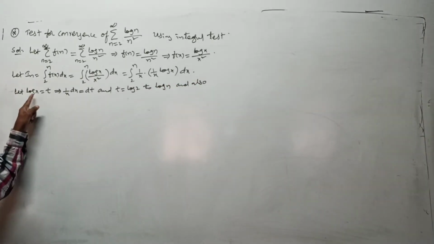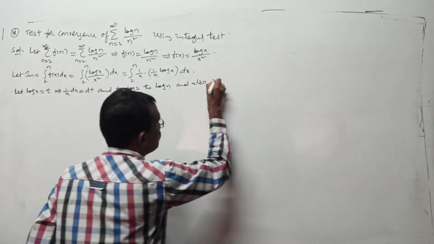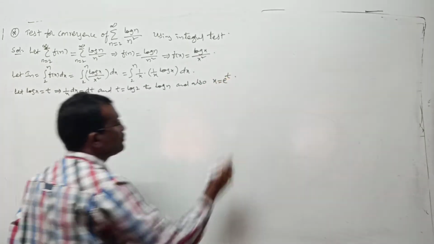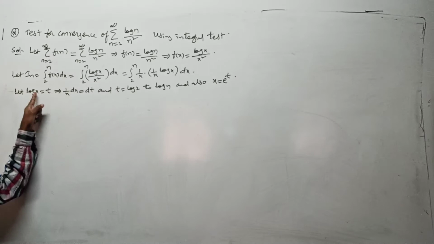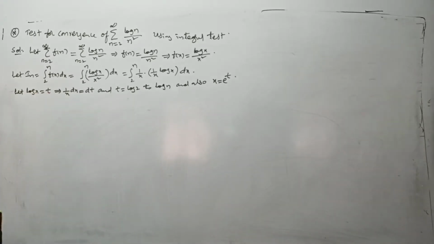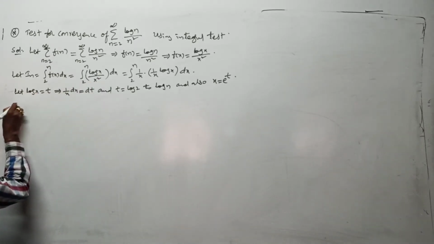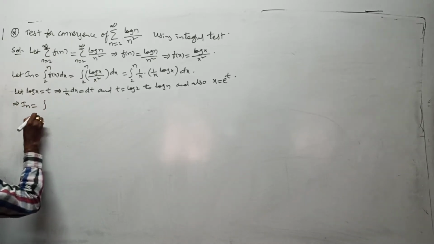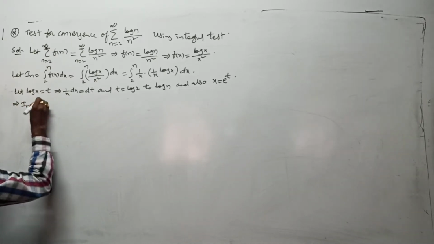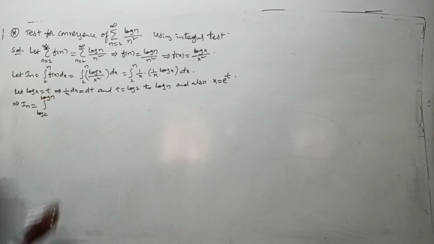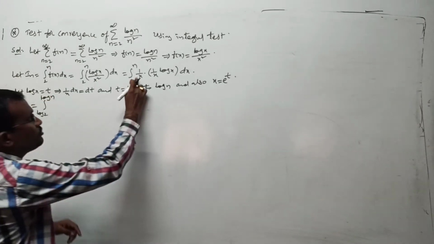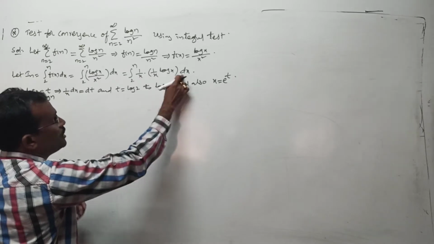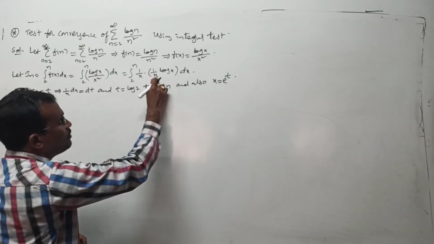If log x equal to t, then x should be what? e power t or not? If log x base e is t, then x is e power t, right? Use all these things in the above relation. Then I_n is equal to integral log 2 to log n. Yes. Now here, this 1 by x dx is dt, leave it. Here 1 by x, here replace x with what?